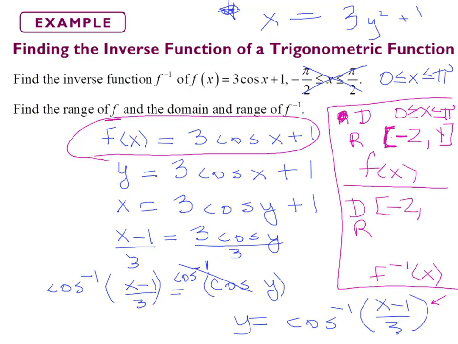So it's -2 to 4. And the range of the inverse is 0 to pi. Perfect. Okay, good job, Anka. Excellent. Is everybody good here? Any questions?